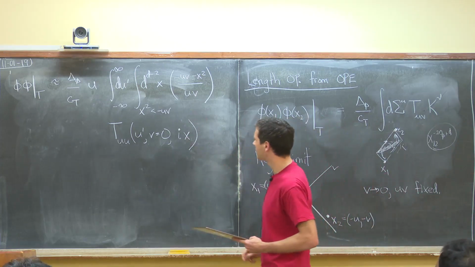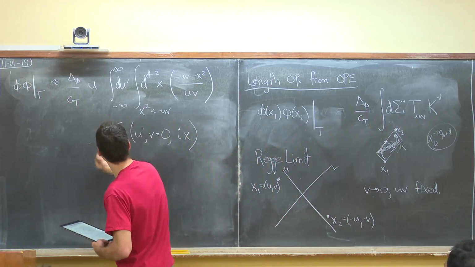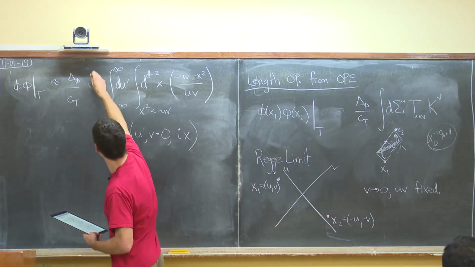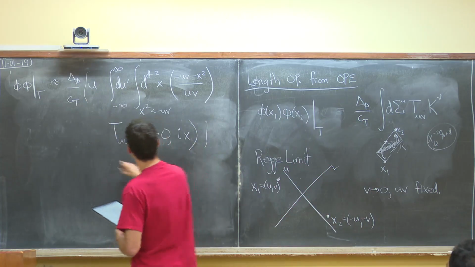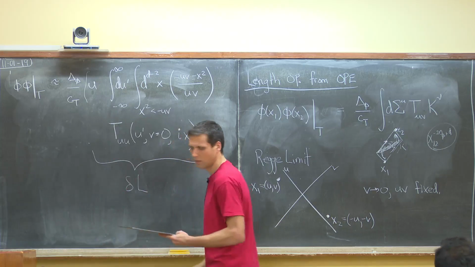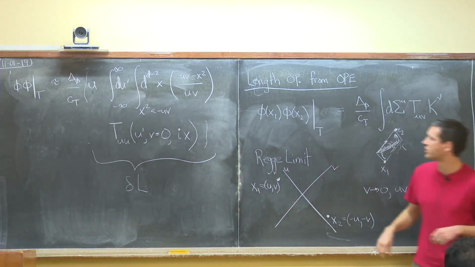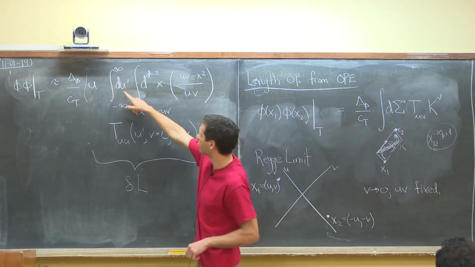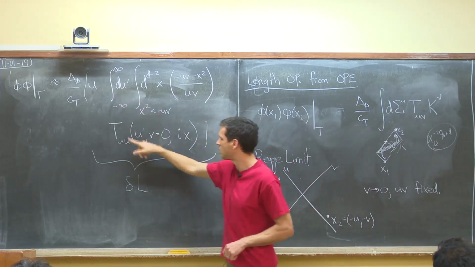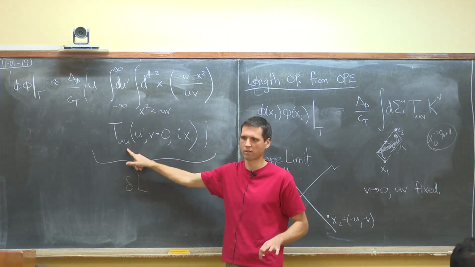Okay, so let's stare at this formula for a minute. First of all, this operator, everything from here to here, is the length operator, delta L. What is it? It's an integral over a null ray of T_uu. That much of it is similar to the ANEC operator.